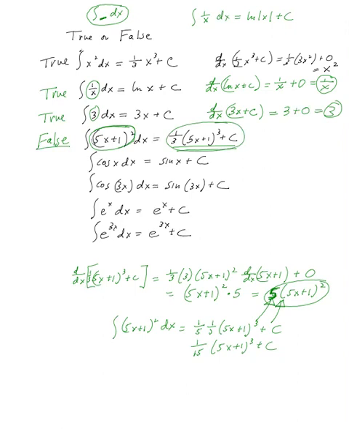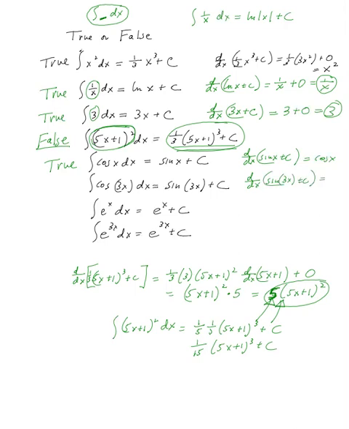Okay, quickly, how about this one? Antiderivative of cosine x is sine x plus a constant. That's true, right? I know if I take the derivative of sine x plus a constant, I do get cosine x. How about this one? Derivative with respect to x of sine 3x plus c.